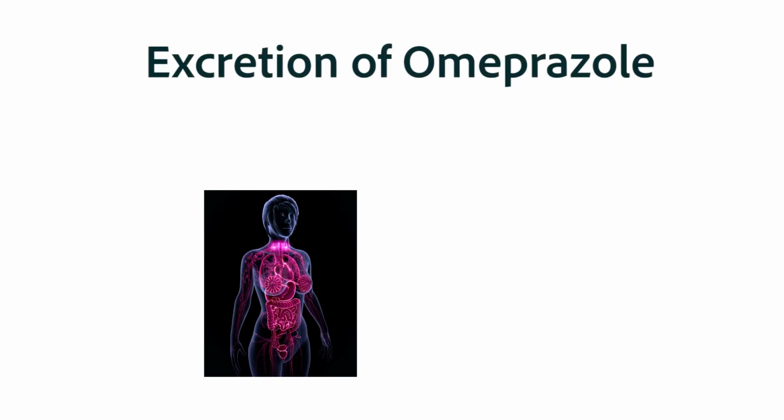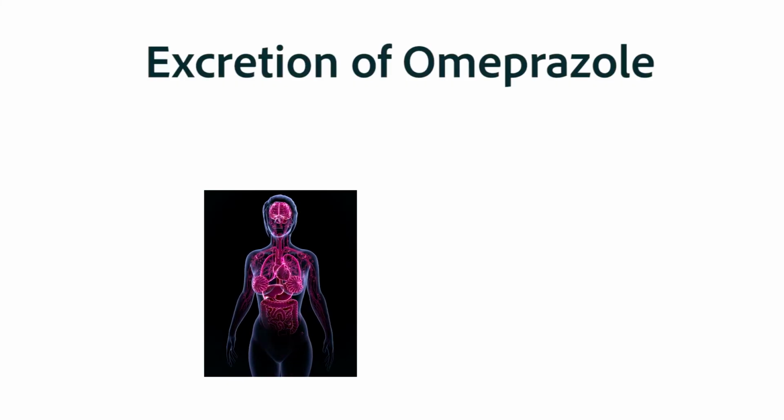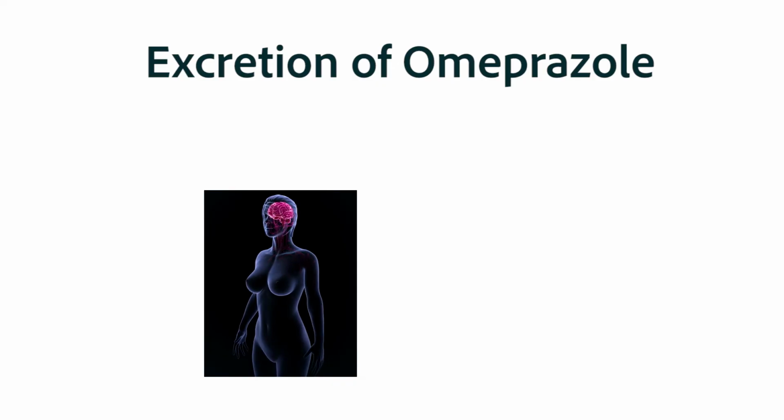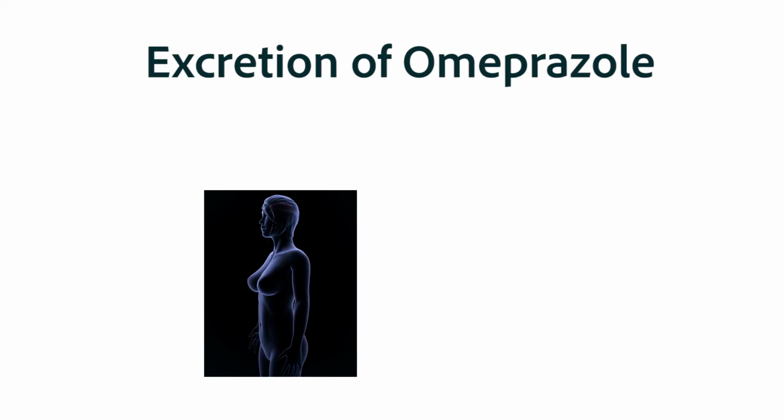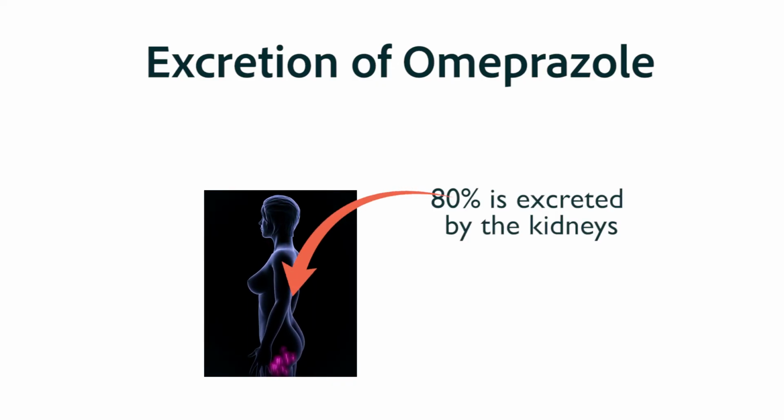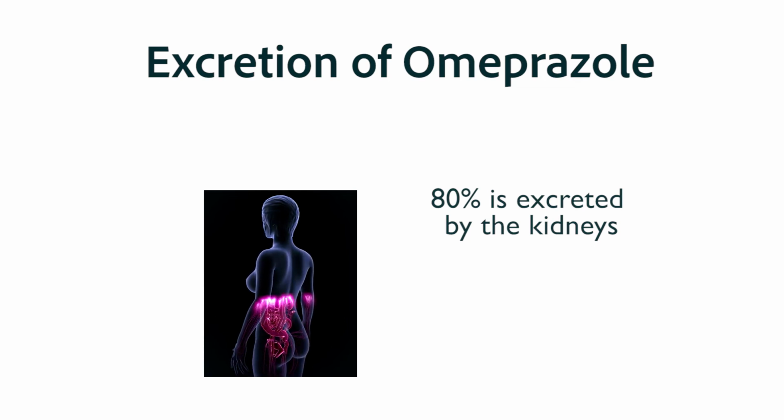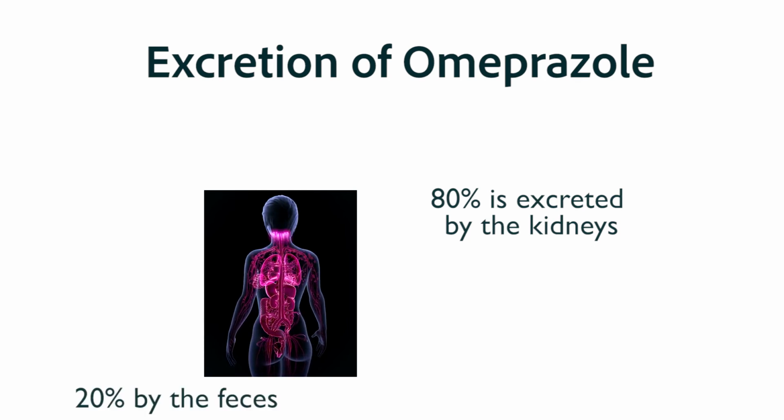Once omeprazole goes through the liver a couple times, it's been degraded to the point that it becomes water soluble, and we excrete it mainly by the kidneys. As a matter of fact, about 80% of the drug will be excreted by the kidneys, and most of the remaining 20% will be excreted in the feces.